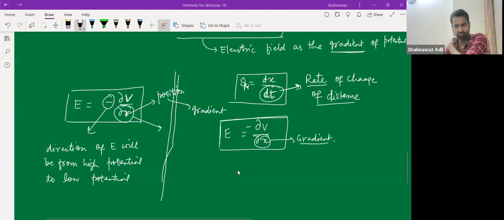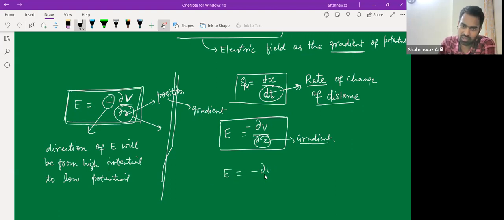So what should I do? You guys log into your account and you will find some active test. The test will be on this electric field as the gradient of potential. So E is equal to minus dV by dr. And I will give you some hint.